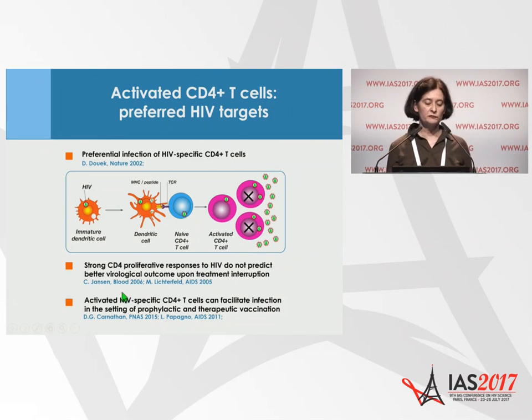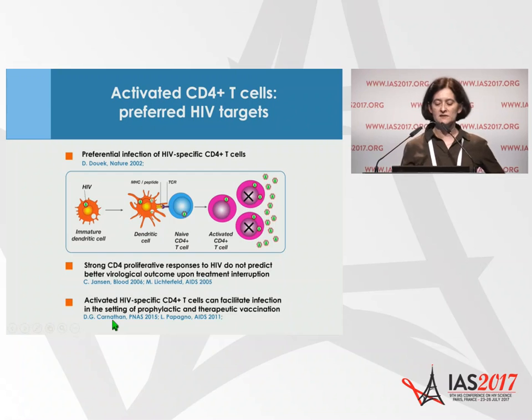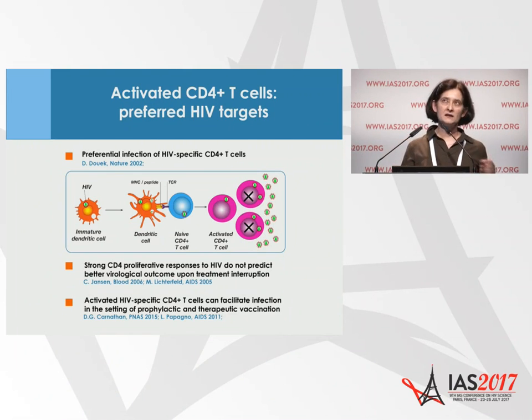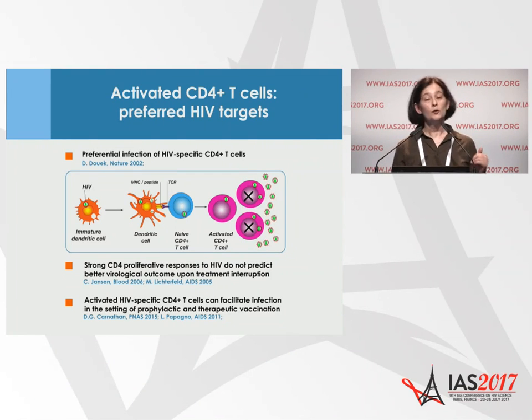This has been shown, for instance, by the group of Guido Silvestri in the simian model, where they could show that the frequency of activated CD4 T-cells that are CCR5 positive and that are present in the mucosa upon vaccination does correlate with the risk of SIV acquisition. And there were also signals in the therapeutic vaccination trial with Alvac that induction of CD4 responses could be deleterious.